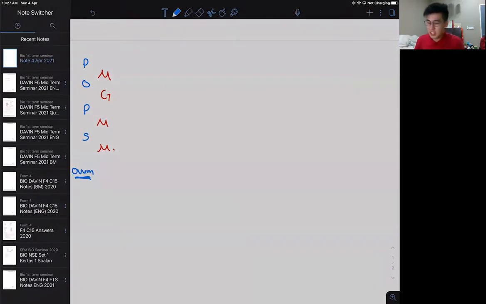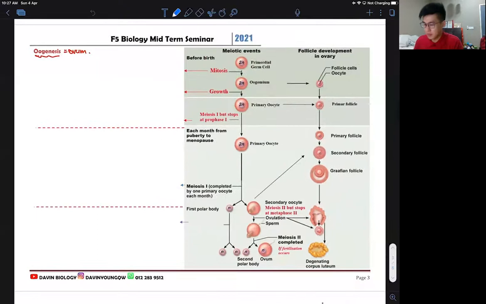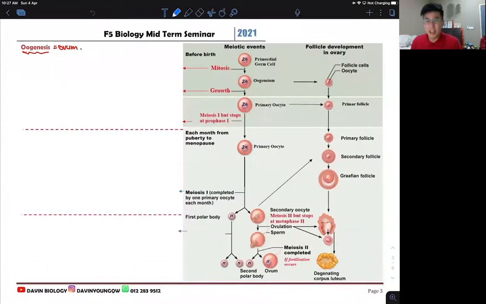But you might think it's that simple, but girls always have more patterns. You can see that girls' oogenesis, the production of gamete, is actually divided into 3 stages. Number 1, before birth. Write smaller because we need to write quite a lot here and I don't have enough space.